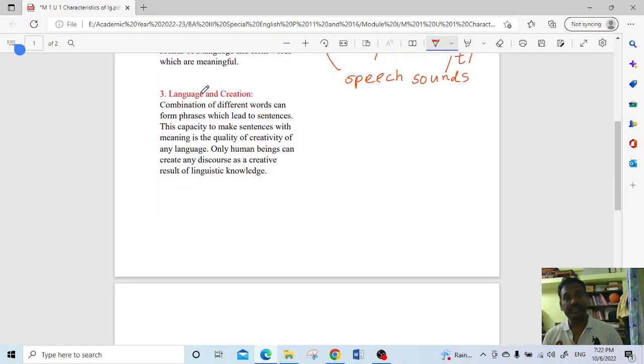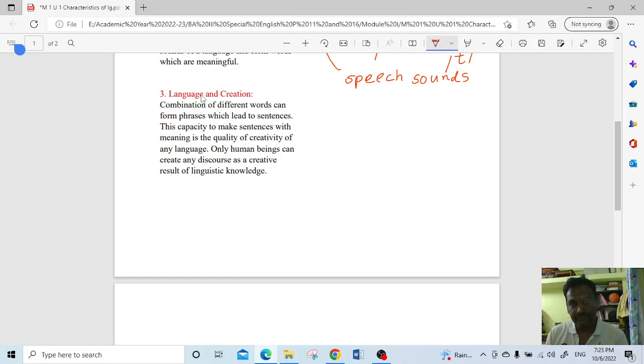The third basic feature of language is language and creation. So you will notice that with the help of words, we can create innumerable sentences.